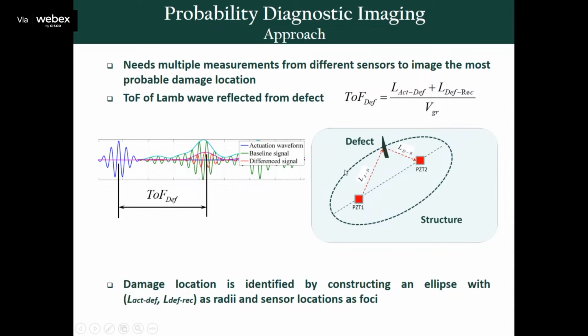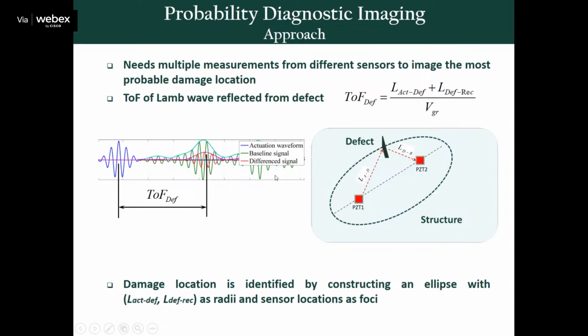So that's the property when you have these two distances added together and the defect is on this ellipse. This tells me that for this setup, with an actuator and receiver here, I have equal probability of the defect being seen anywhere on this ellipse trajectory.